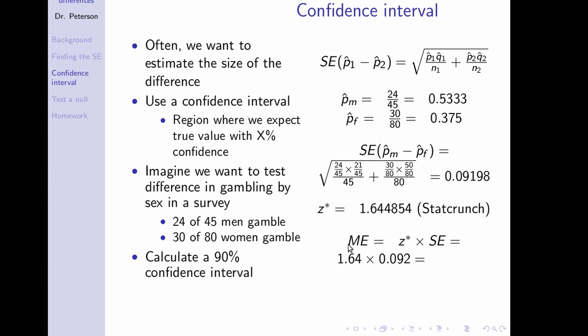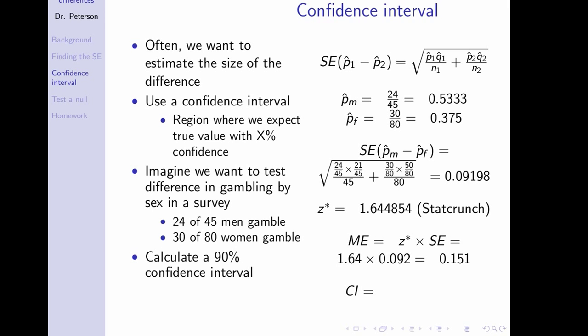Note I am rounding here just to fit this on the screen. When I'm actually doing the calculation that I'm about to put up here, I used the full values. So we get 0.151. That means we need to stretch 0.151 in either direction in order to capture the true population difference most of the time. In this case, 90% of the time.